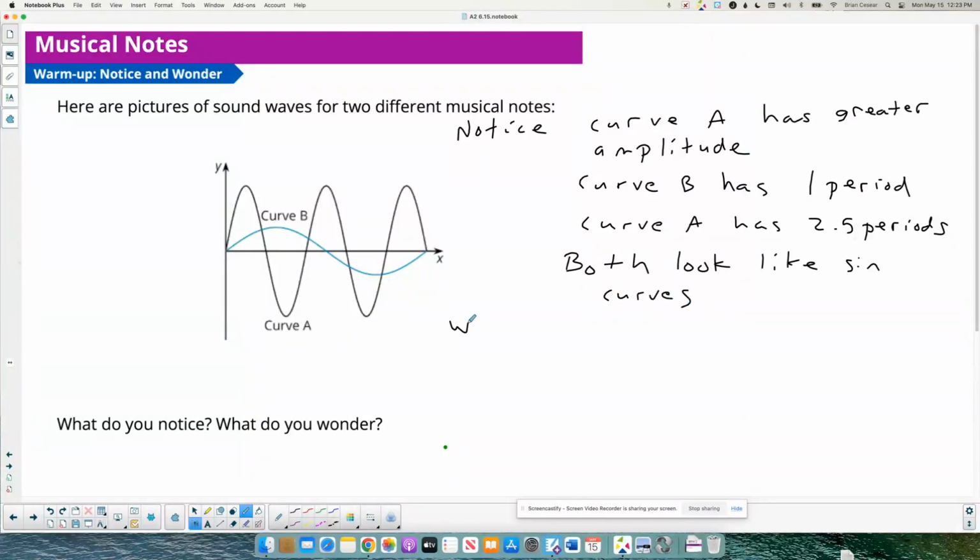All right, let's do some wonders. I wonder what the numbers on the axes are.